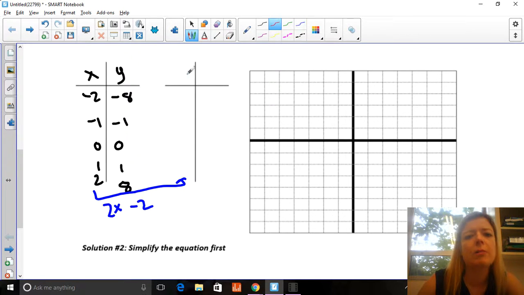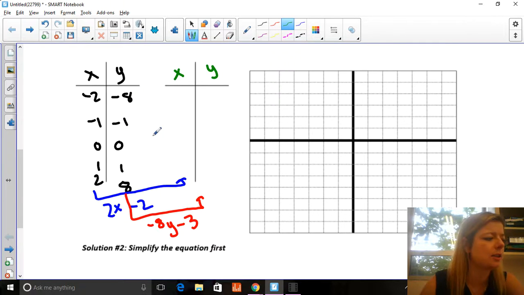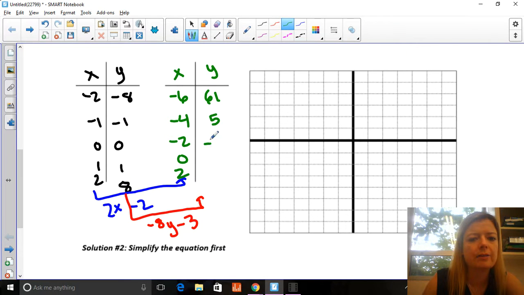Okay, our y values are all being multiplied by -8, and then we subtract 3. So that's how we get our new function x, y. Okay, so if you follow these operations, you get -6, -4, -2, 0, 2, and 61, 5, negative 3, negative 11, negative 67.